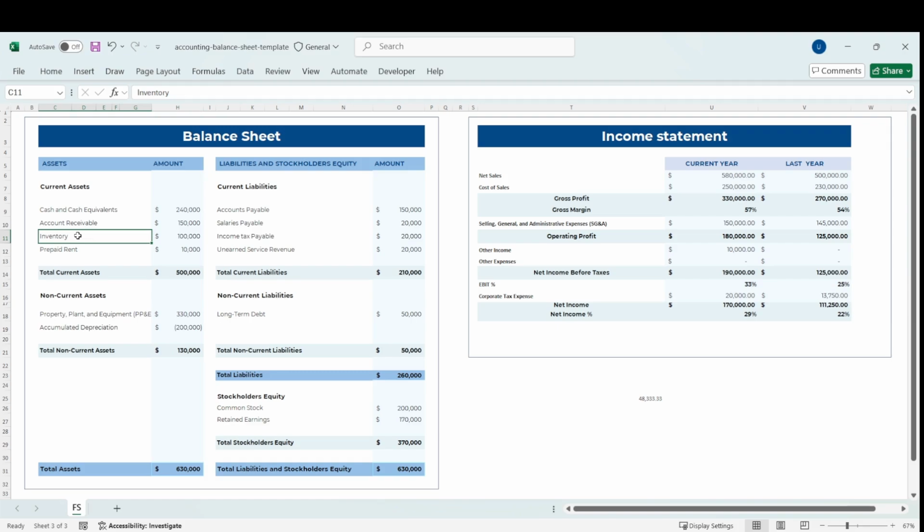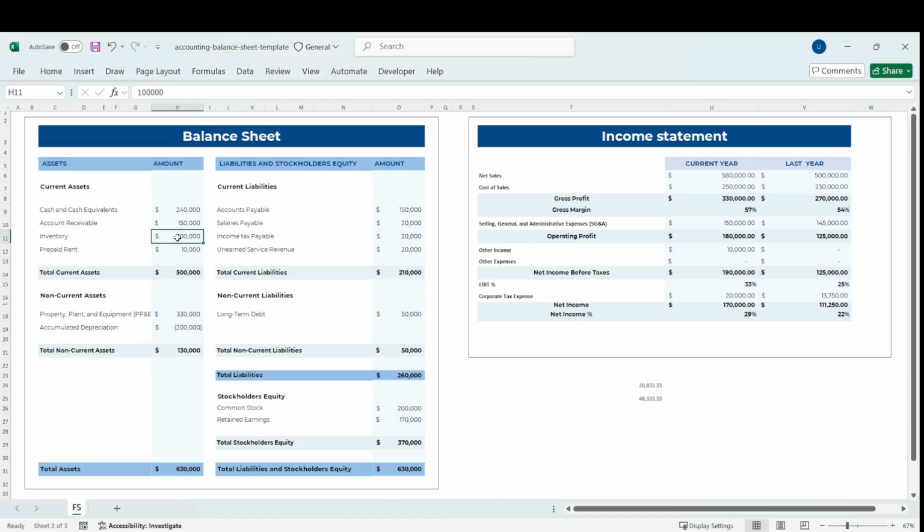The goal should be to maintain a lean inventory system, minimizing holding costs while ensuring adequate stock levels. So we can compare the inventory level of 100,000 to our cost of sales. For the monthly cost of sales, we divide this value by 12, so it's around 20,000 per month.